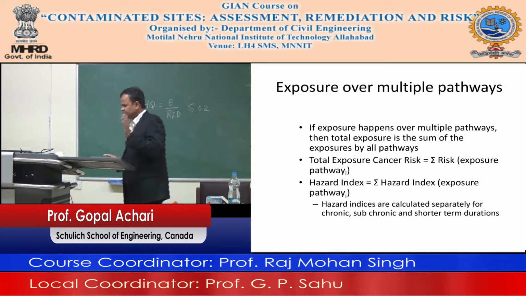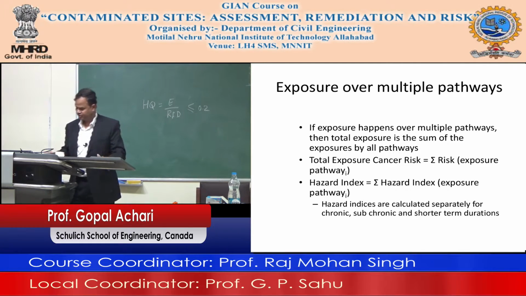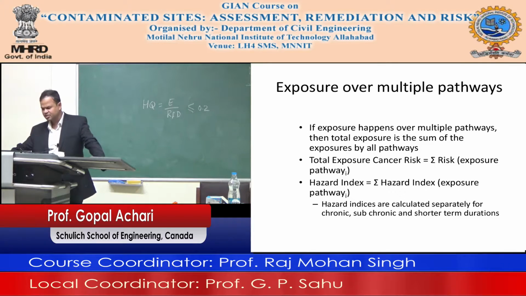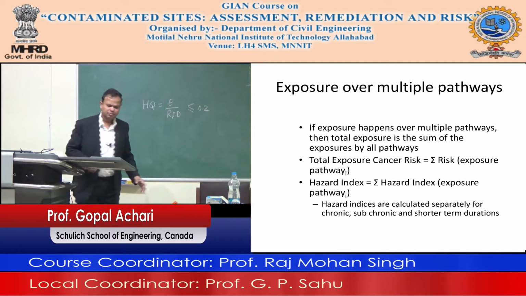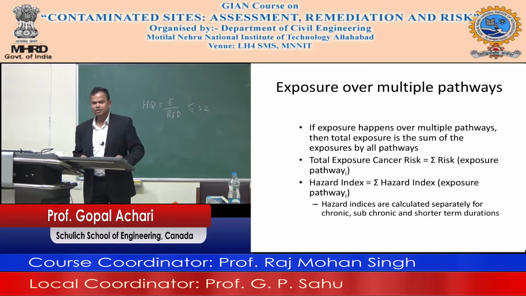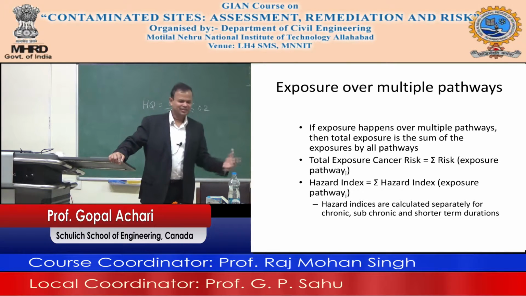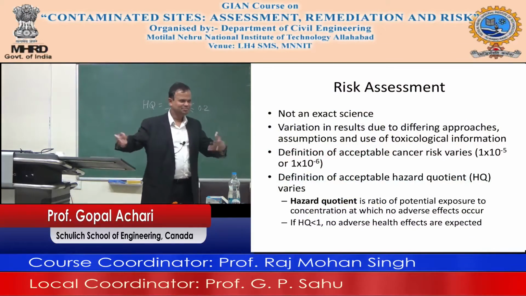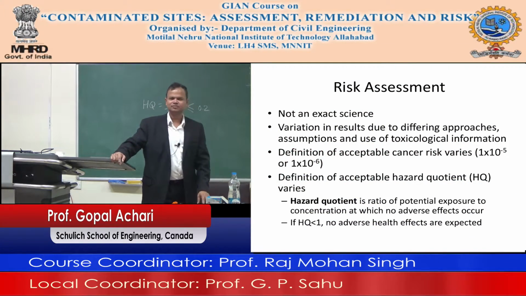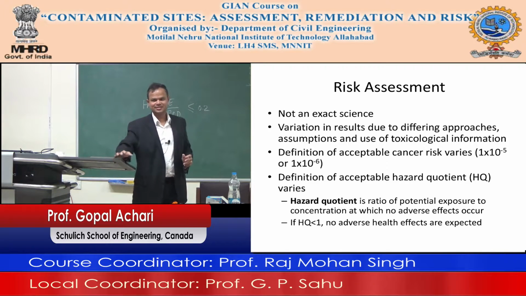So there is that issue with risk assessment as such: variation in results due to differing approaches, assumptions and use of toxicological information. Remember last time I was talking about how you go to a journal, read up on the impact, and get the NOAEL. That itself is somebody's experiments with 5 rats, coming up with a certain lowest adverse effect level. Somebody else has done it with 30 hamsters and gets another LOAEL versus NOAEL. So even going there, it's difficult, right?